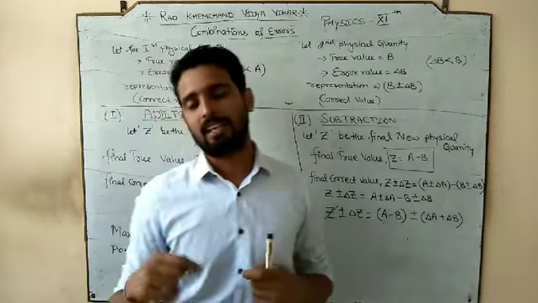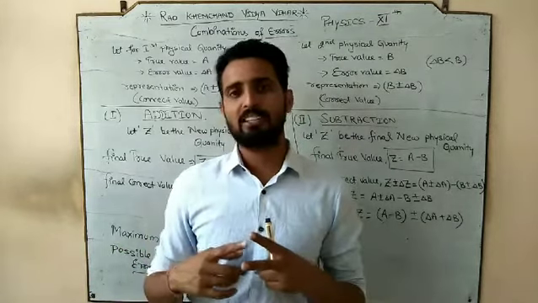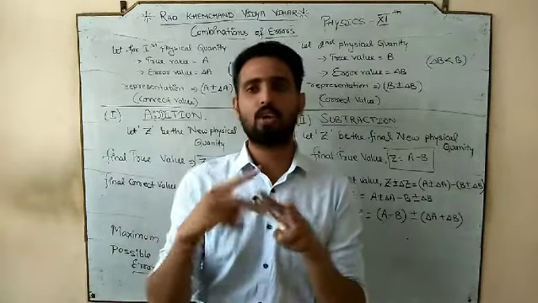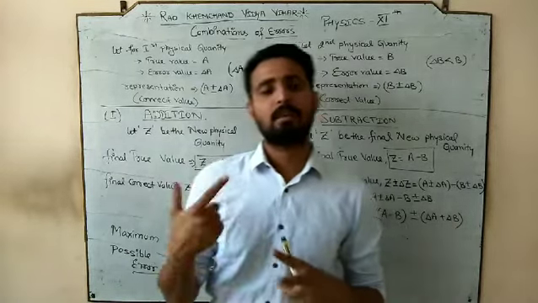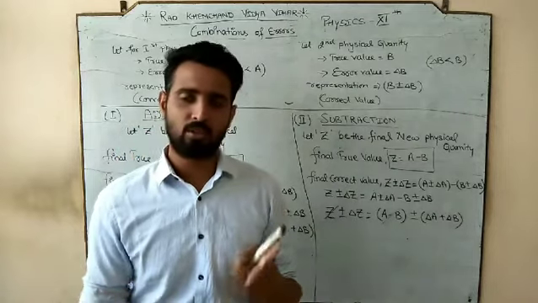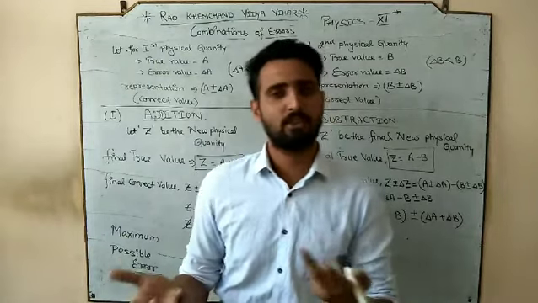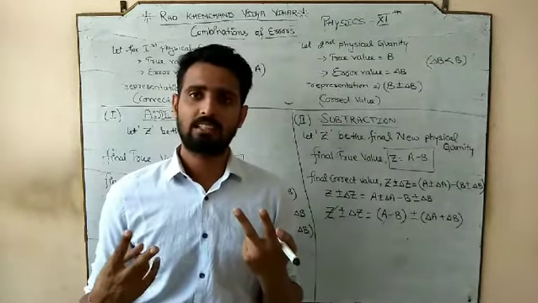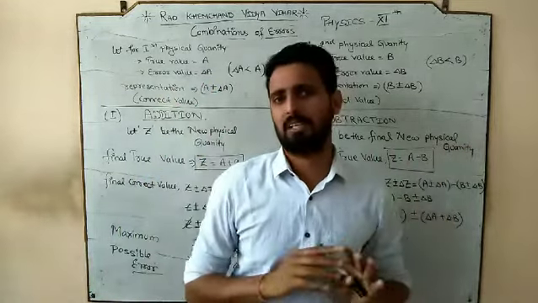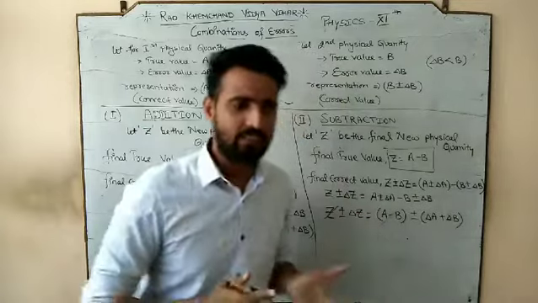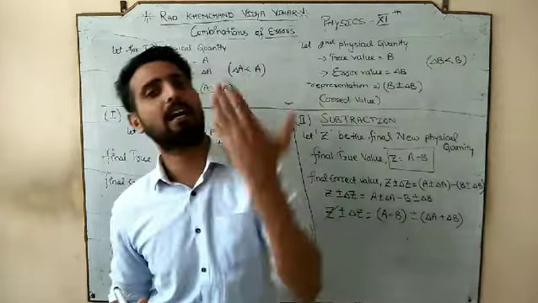So you will say, sir, the area of a square is length into length. So you perform the multiplication operation among the two lengths. You multiplied two lengths, meaning you are multiplying two lengths as physical quantities. One length is 1, one length is 2, and both have the same numerical value, but they are two lengths. But in that case we only talk about the standard value, that is 10 centimeter. So it means the standard value will always work on the same operation that you are going to apply.